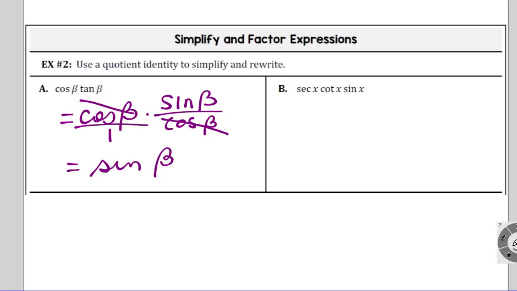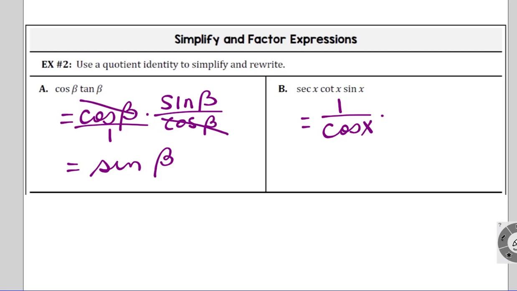All right, and they told us to use the quotient identities, but really, a technique I would suggest is to rewrite all of the functions in terms of sine and cosine, especially if we're hoping to cancel things out. If they've been multiplied together, then we can rewrite in terms of sine and cosine, and that's probably going to allow us to cancel things out. So for secant x, we get 1 over cosine x.